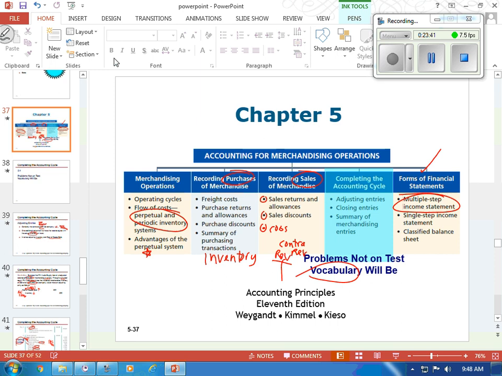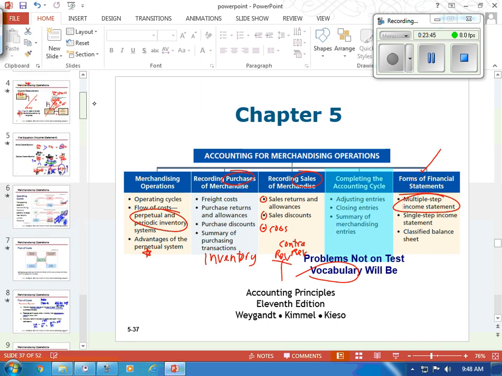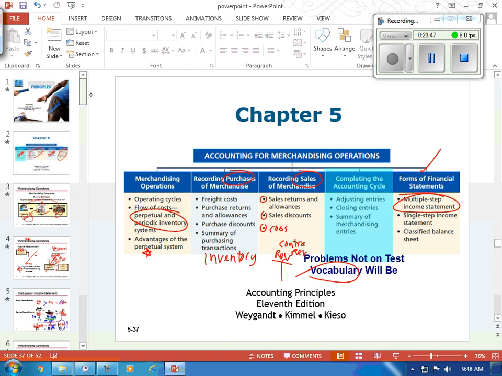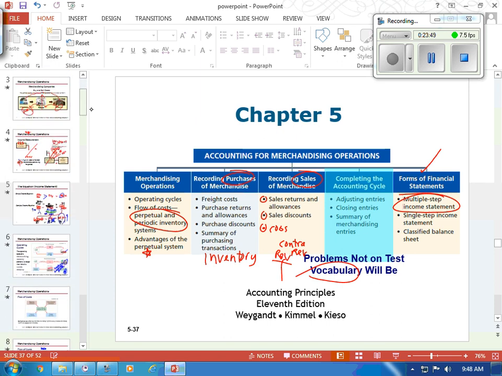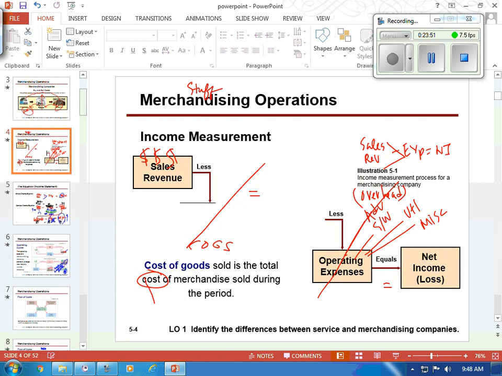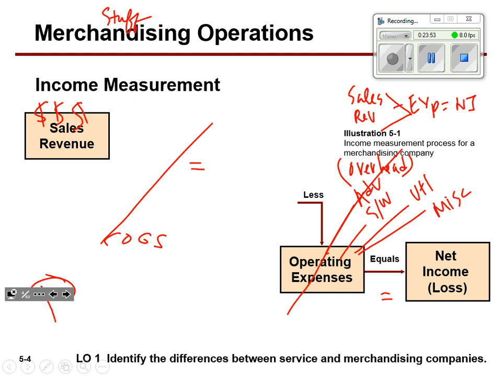I wanted to go back here. This is the classified balance sheet, or a multi-step income statement.